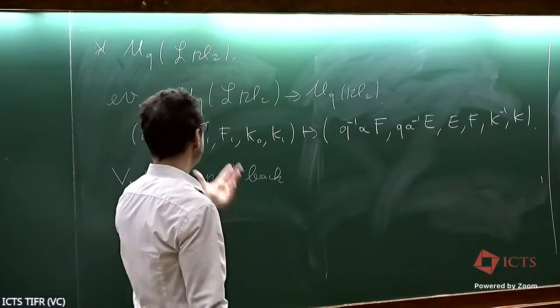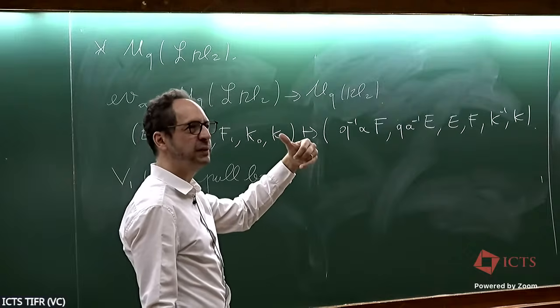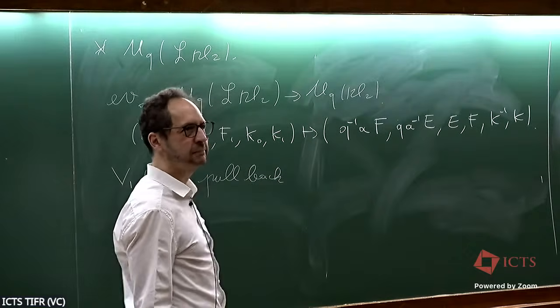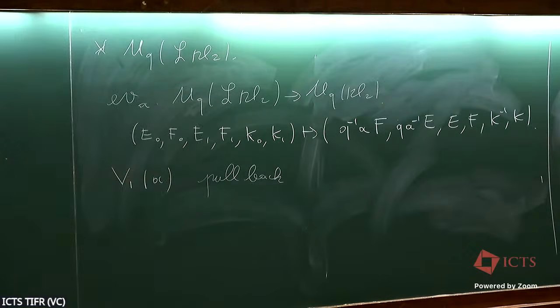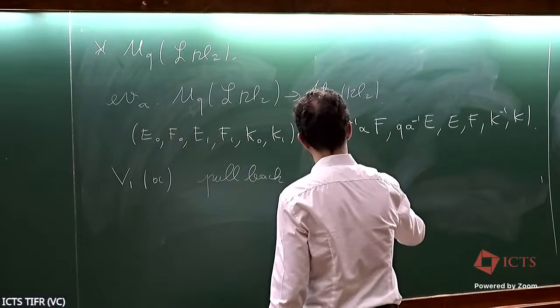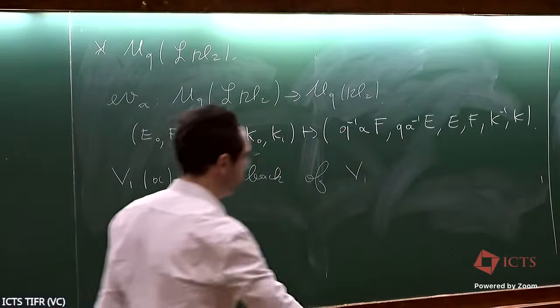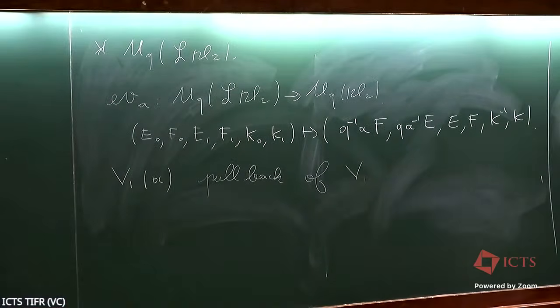Well, we could have a central charge, but then it acts trivially on finite dimensional modules. Okay, so we can complete the table, which is still here. Maybe I can do it here.